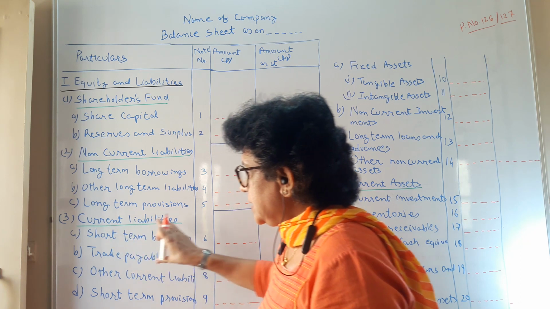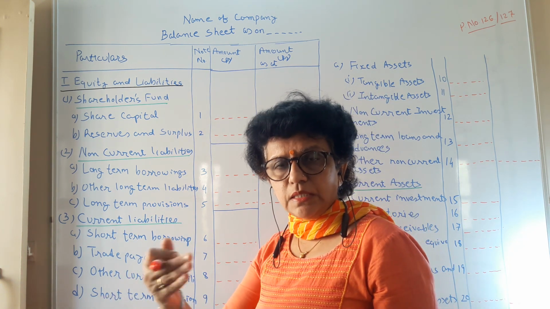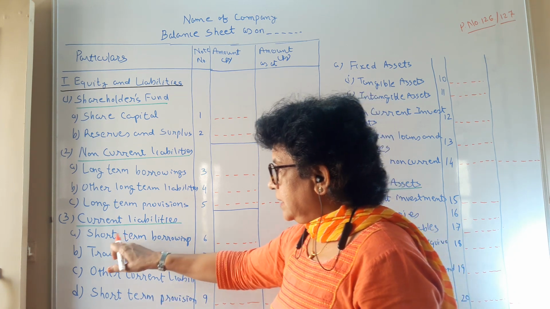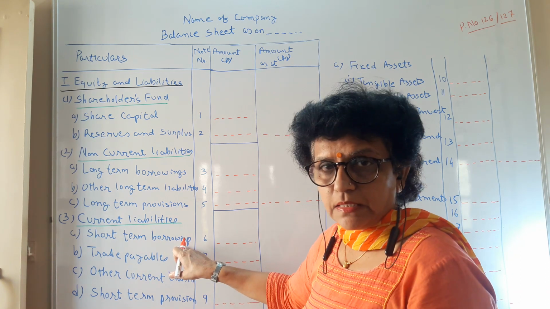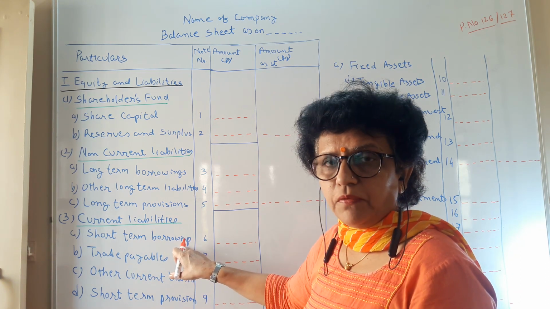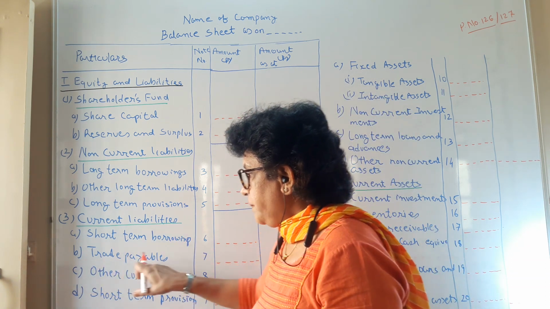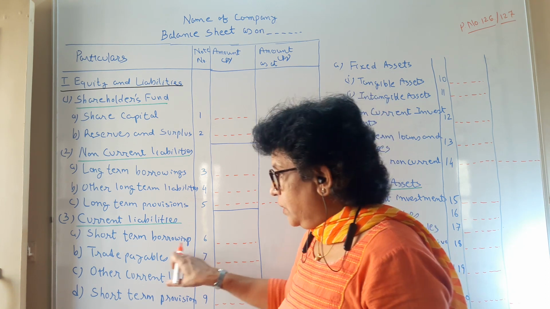The third section is current liability. Very current, recent, which is within the year you have to repay. In the current liability, under short term borrowings you have the bank loan, bank overdraft, bank cash credit, all the short term liabilities. Trade payable, that is your creditors, bills payable and all.